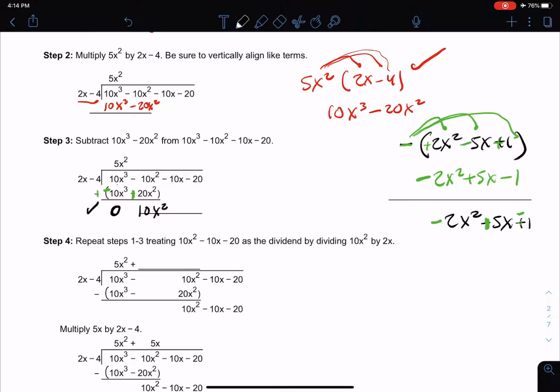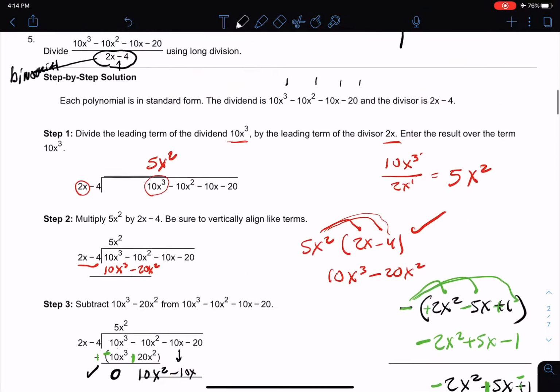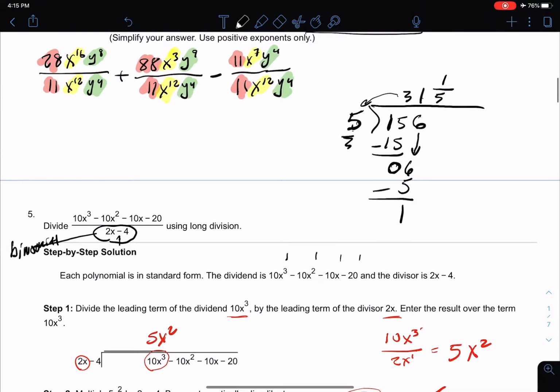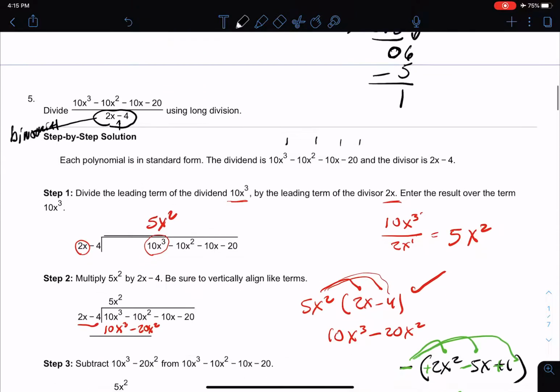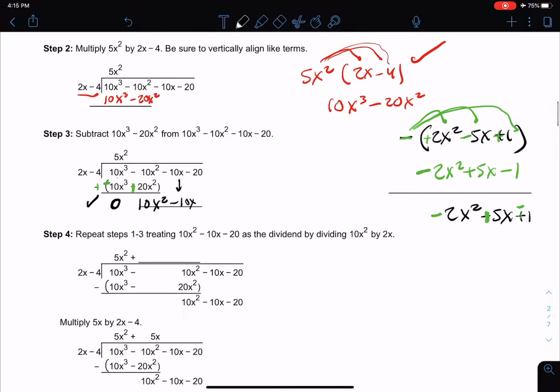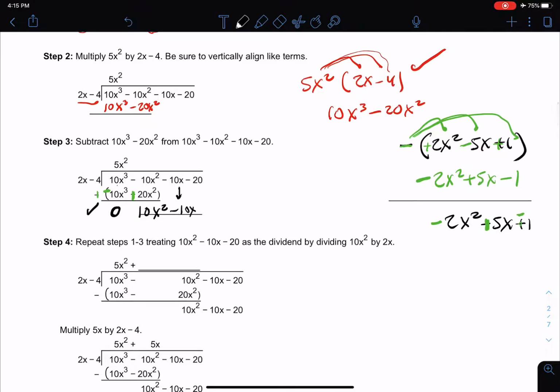The next problem, now the way the book does this particular step, the way I've always taught it is I would bring down the next term and go from there. And that's many books I've seen do that, and it actually matches up with our arithmetic. You just bring down the next one. If there was another one, you bring it down one term or one number at a time. This book tends to want to bring them both down, but it doesn't really make any difference if you bring them both down.